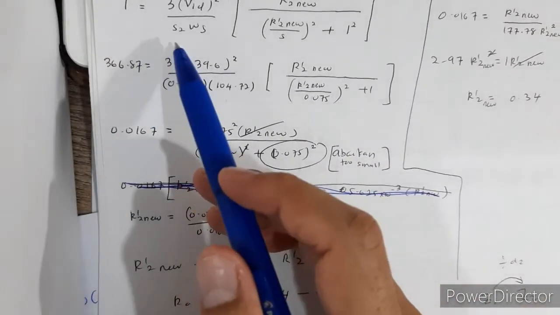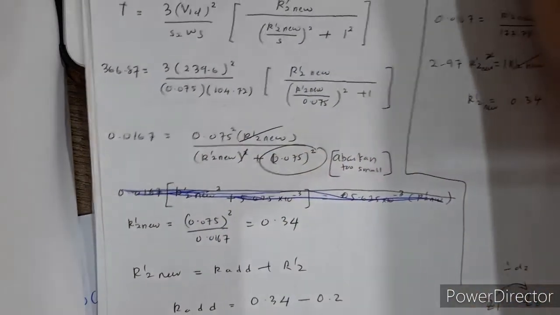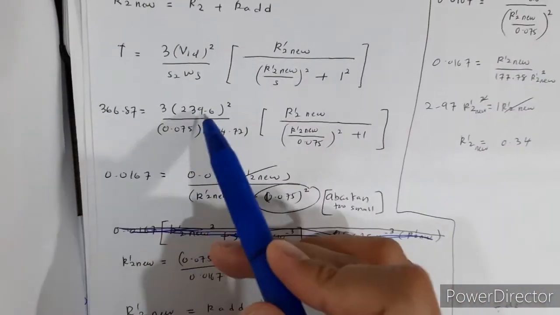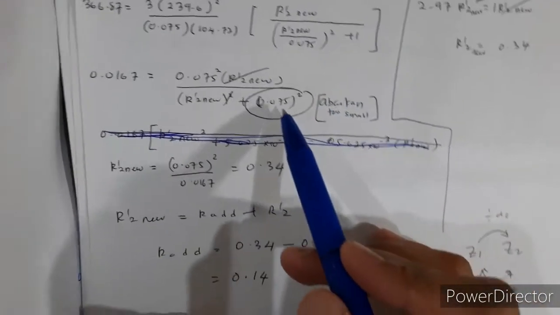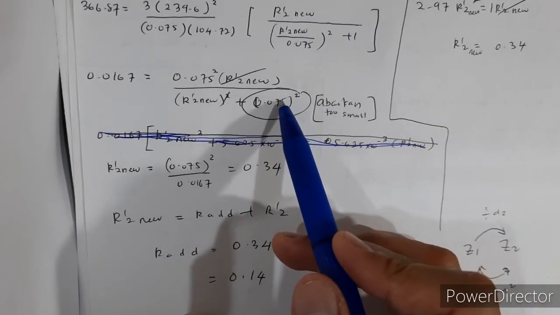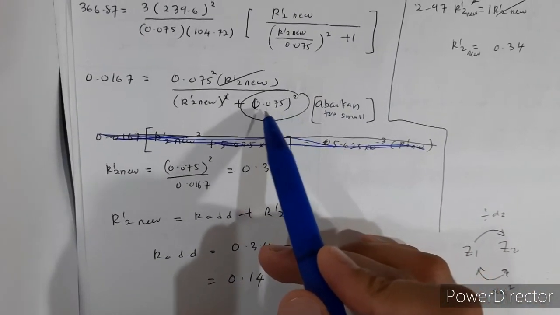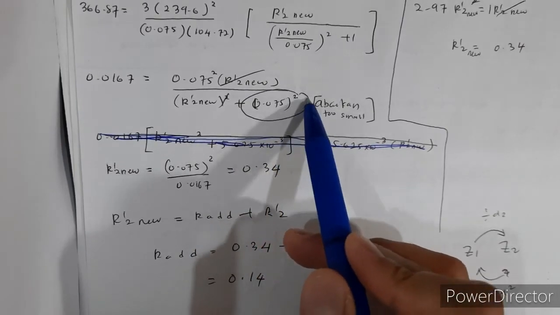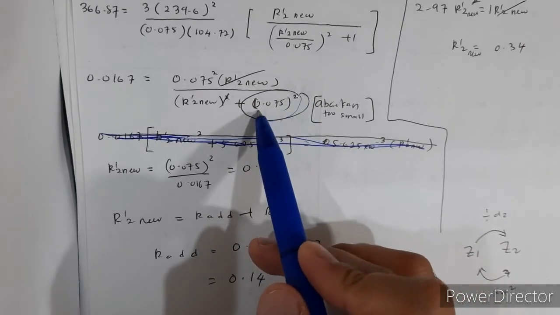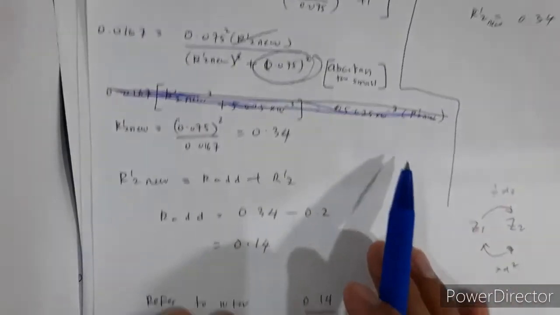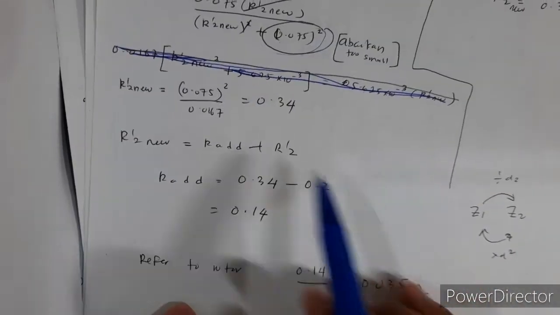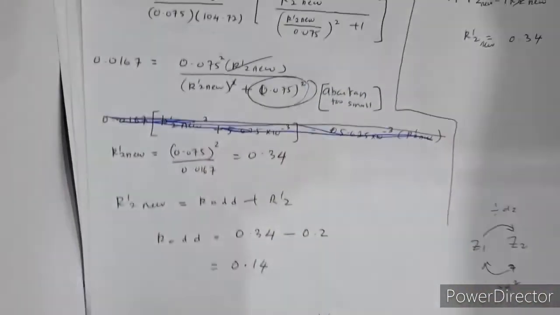So once you insert into the equation, 360 and then this one, this side you can ignore. You can ignore 0.075 because it is too small. And then finally you can rewrite the equation.